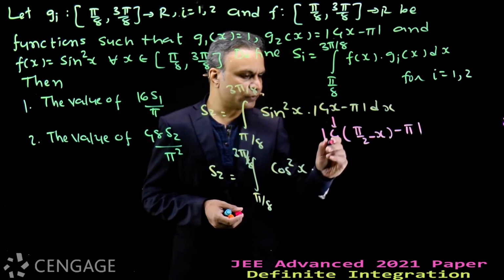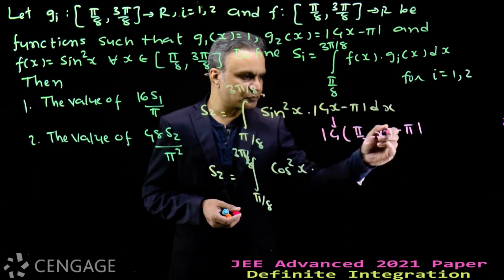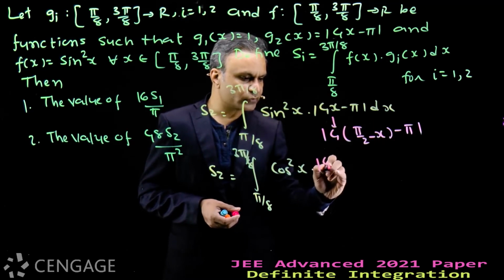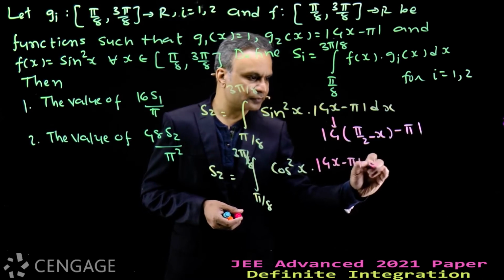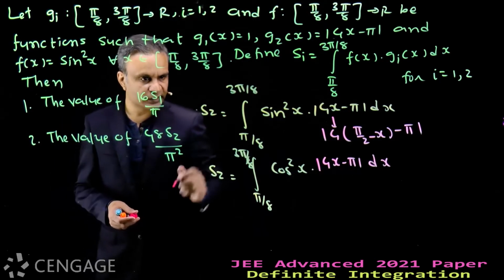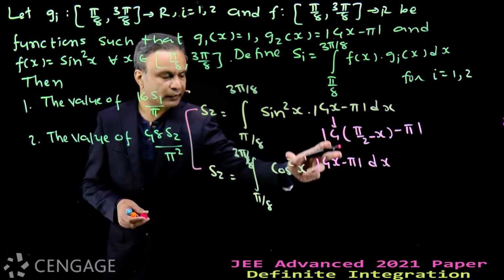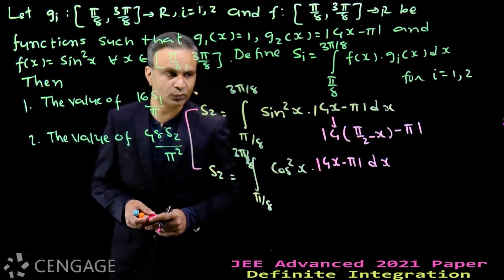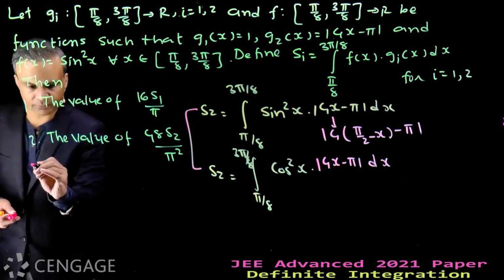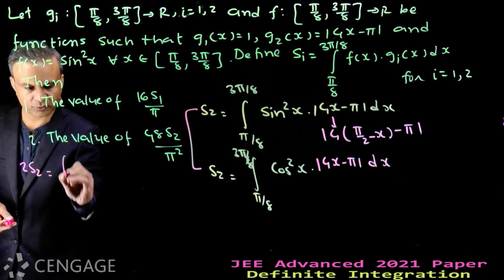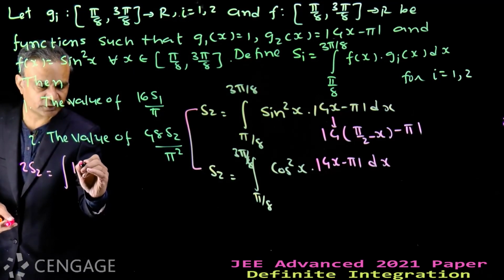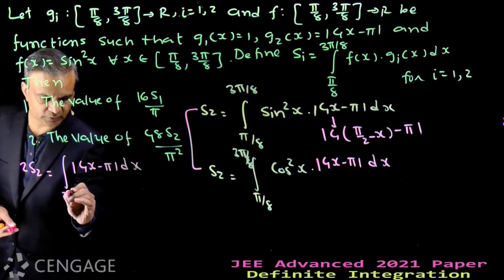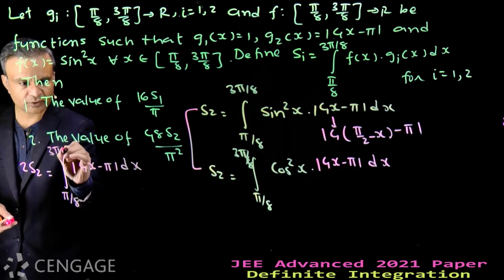This will be 2 pi minus 4x minus pi, which is modulus of pi minus 4x, or modulus of 4x minus pi. Now what is the advantage? When we add this, the integrand function becomes modulus of 4x minus pi, because sine square x plus cos square x is equal to 1. So we have 2 S2 is equal to the integral of modulus of 4x minus pi, lower limit pi by 8 and upper limit 3 pi by 8.